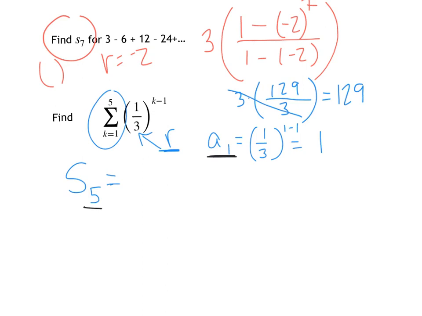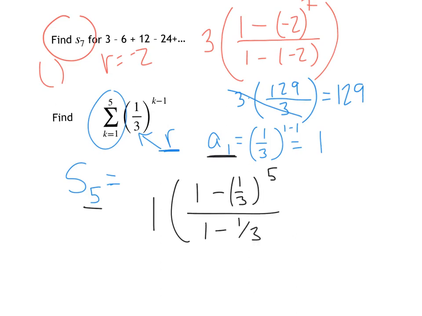So I can go ahead and use my formula. A sub 1 times 1 minus 1/3, make sure you use parentheses, to the 5th over 1 minus 1/3.